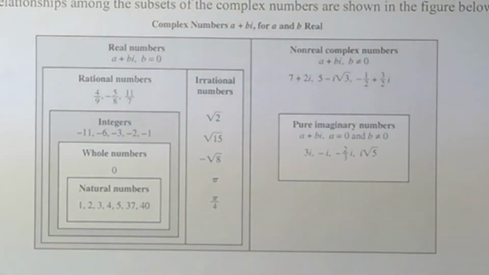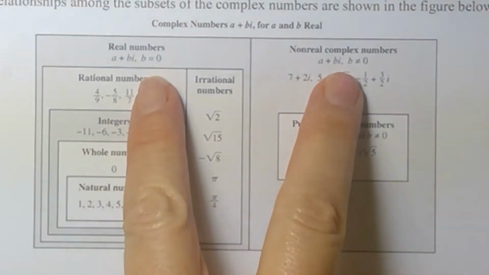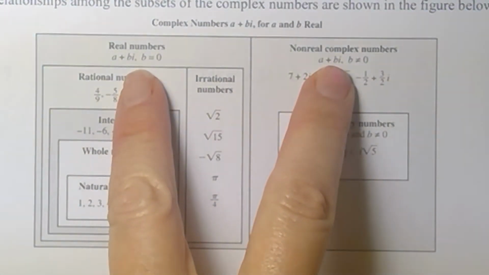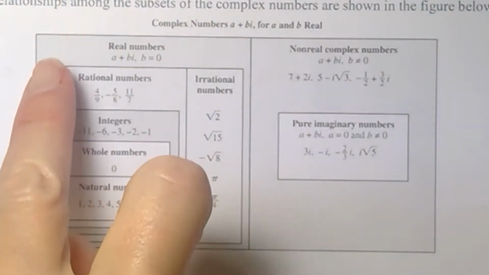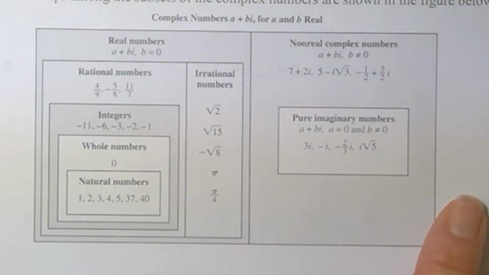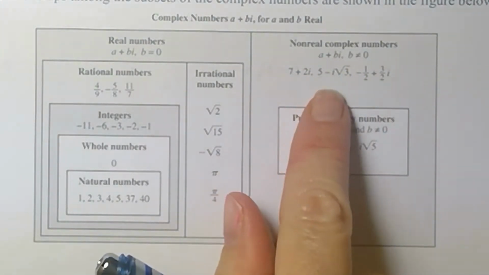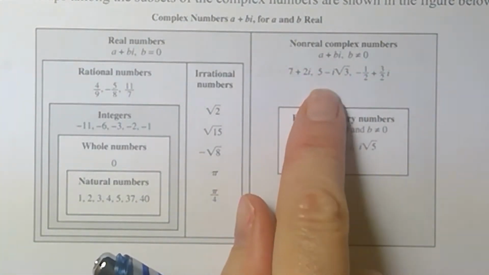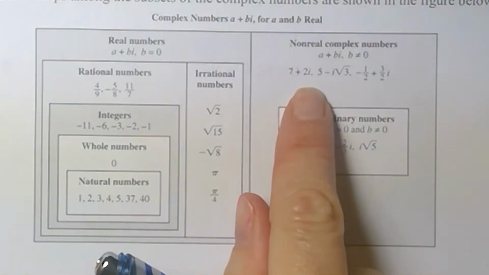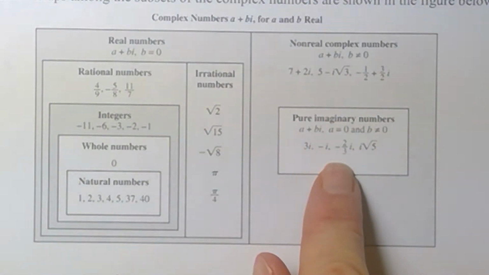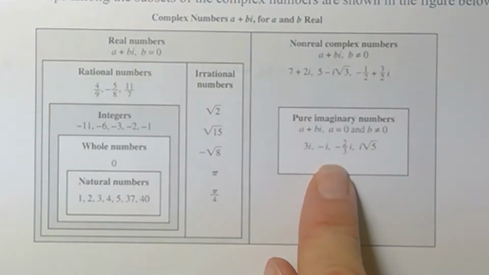This is our number system. It shows that real numbers and those complex, non-real numbers do not intermix. It's either real or it's non-real. Under our non-real complex numbers, we have complex numbers with the real part and the imaginary part, and then the pure imaginary numbers where a, the real part, is 0.